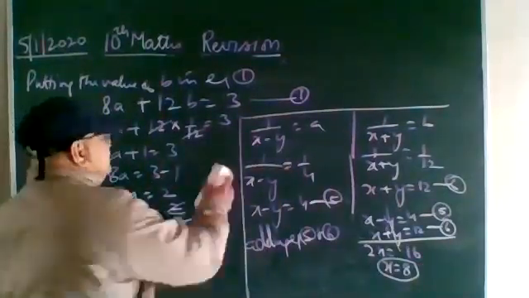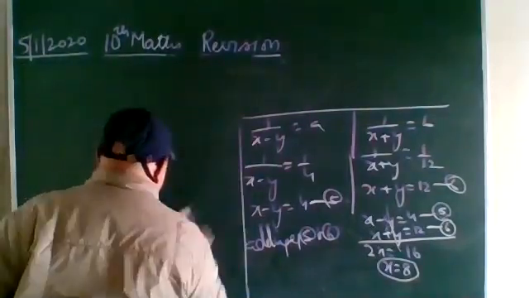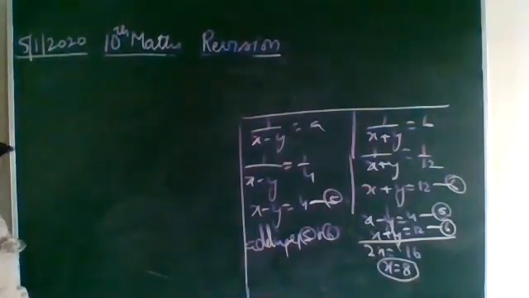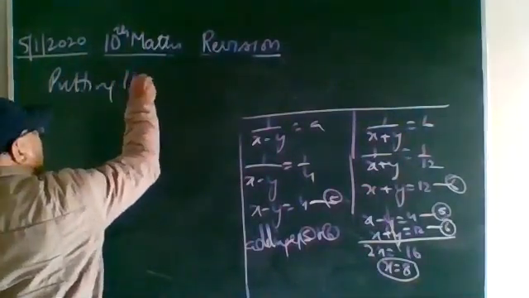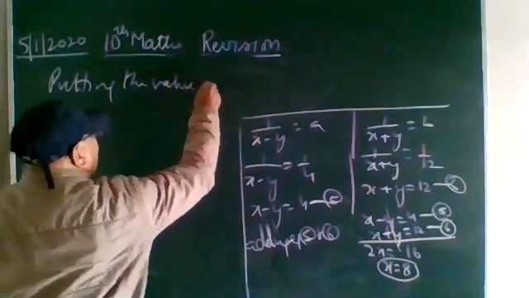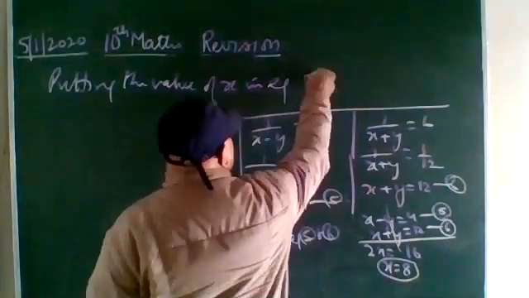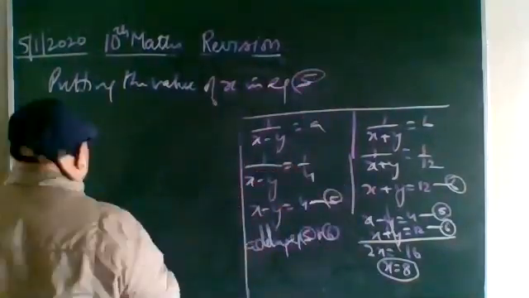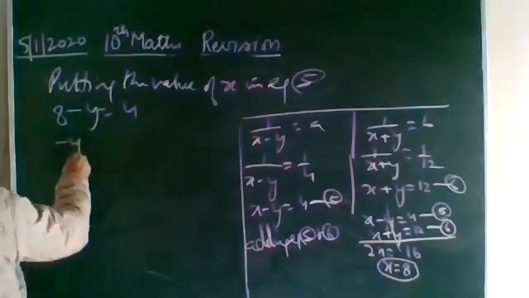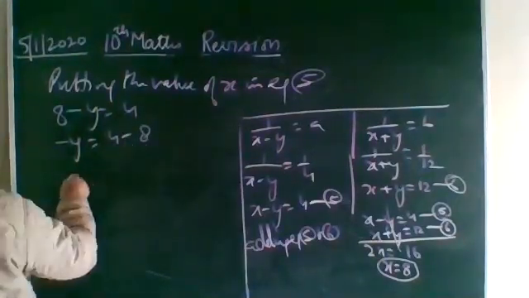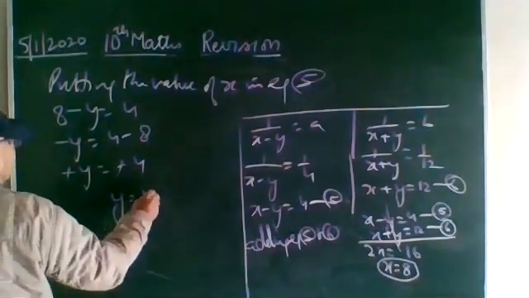Putting the value of x in equation 5, you will get 8 minus y equal to 4. So minus y equal to 4 minus 8. Minus y equal to minus 4 is cancelled, y equal to 4.